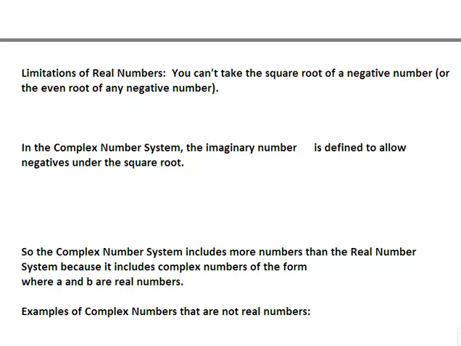If you remember that when we talk about square roots, we are never allowed to take the square root of a negative number. We know that square root of positive 4 equals 2, but square root of negative 4 doesn't exist because there's no number that you could square that's going to give you negative 4. Nothing squared will ever equal negative 4.